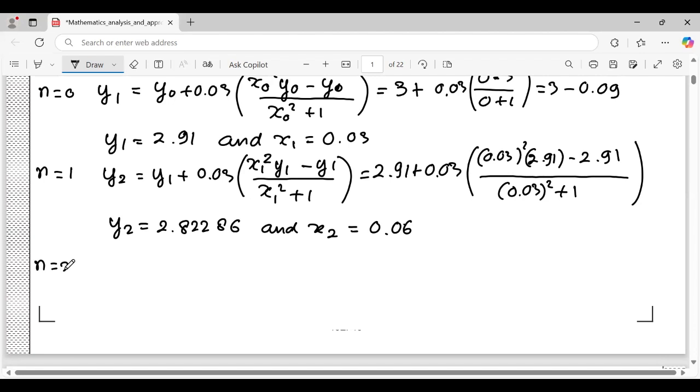When n equals 2, it means y becomes y3. Well, y2 plus 0.06 times x2 squared y2, sorry, only y2, not squared, minus y2 over x2 squared plus 1.